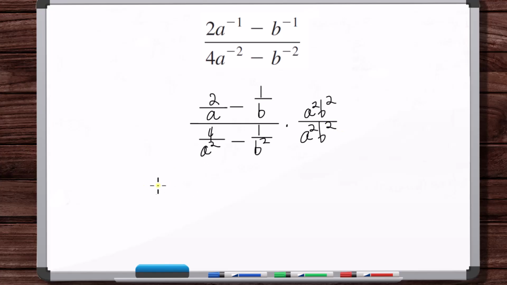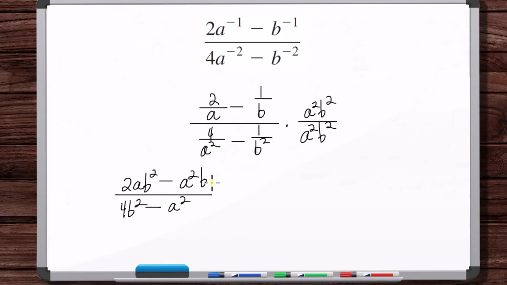So we've got, let's see, 2ab squared minus a squared b, and then 4b squared minus a squared. There we go.